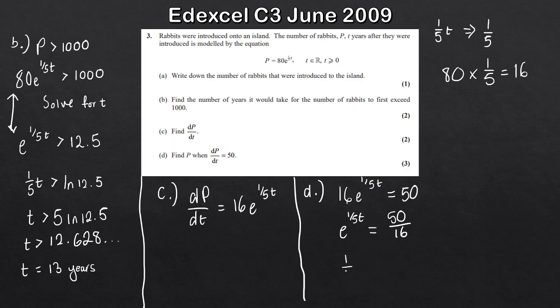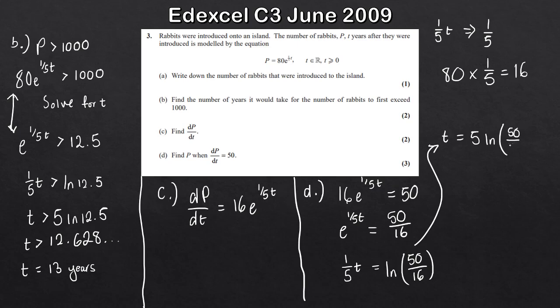So I get 1 over 5t is equal to the natural logarithm of 50 over 16. And then at this stage here, we just times this through by 5. Okay. So t is equal to 5 ln 50 over 16.